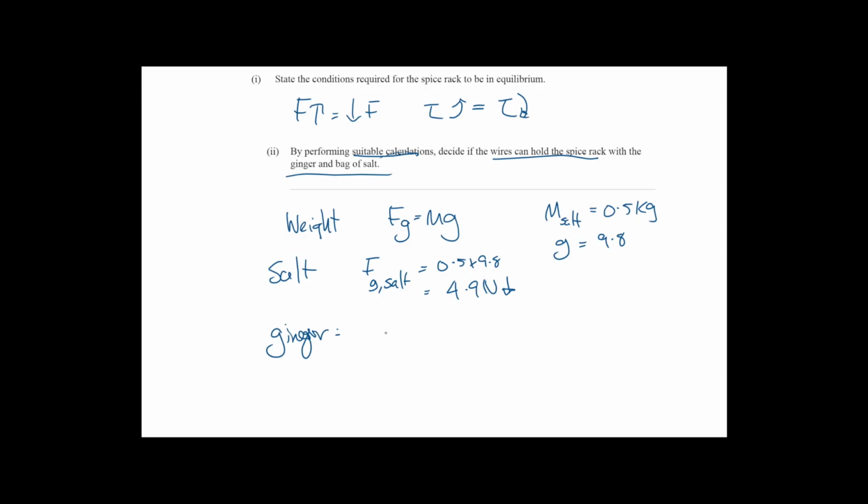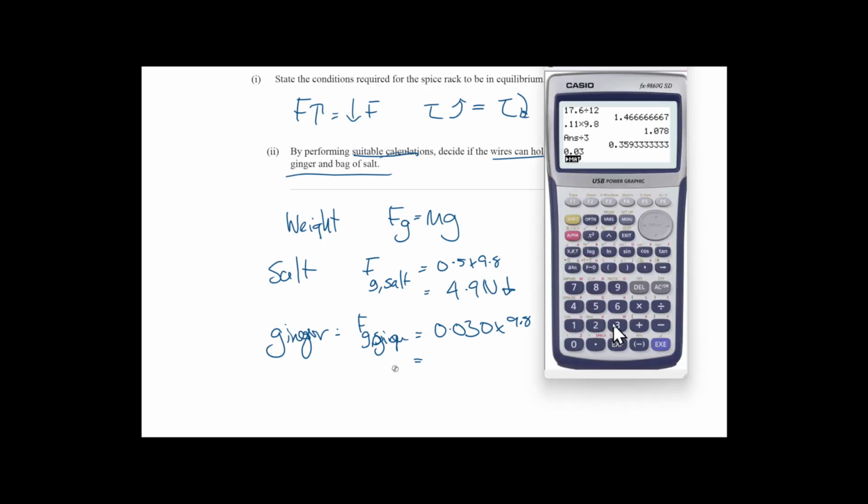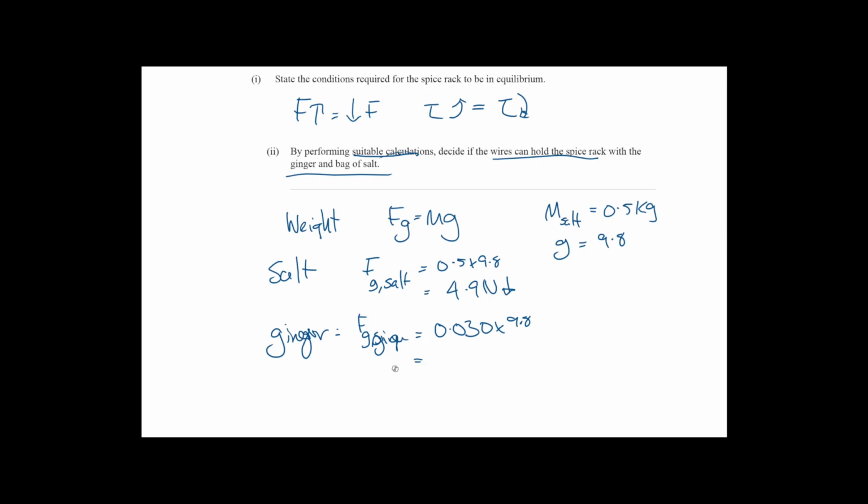The force of gravity of the ginger is going to be 0.030 times 9.8. We're going to presume that the gravity is the same. So that's 0.03 times 9.8, which is 0.294 newtons. And then the rack itself.